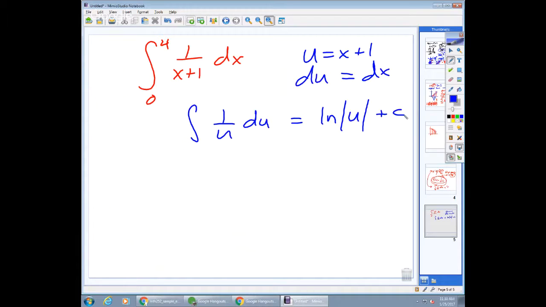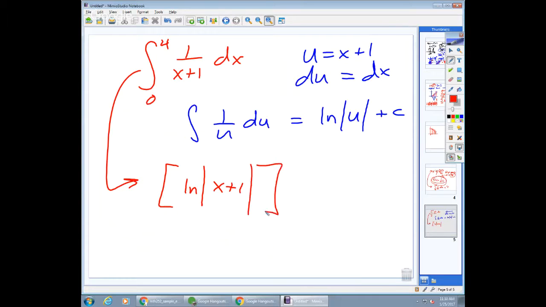So now I can reverse substitute and say that this has to be equal to the natural log of the absolute value of x plus 1 evaluated from 0 to 4. And don't forget that absolute value. It is important depending on what the boundaries are. Now here, since our boundaries are all positive, no big whoop, but sometimes it is an issue.